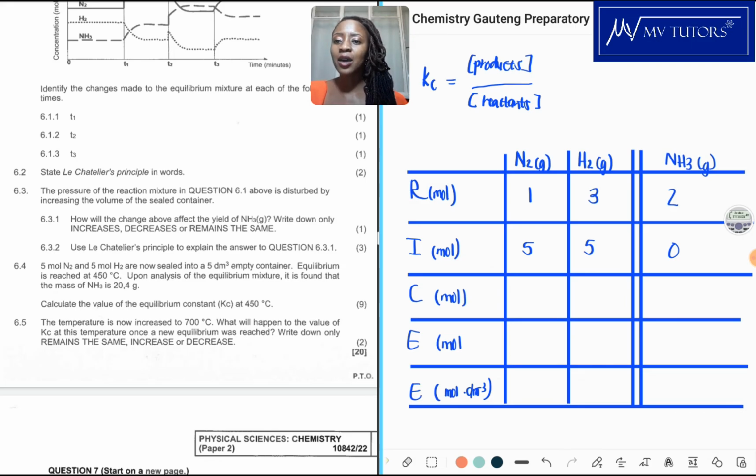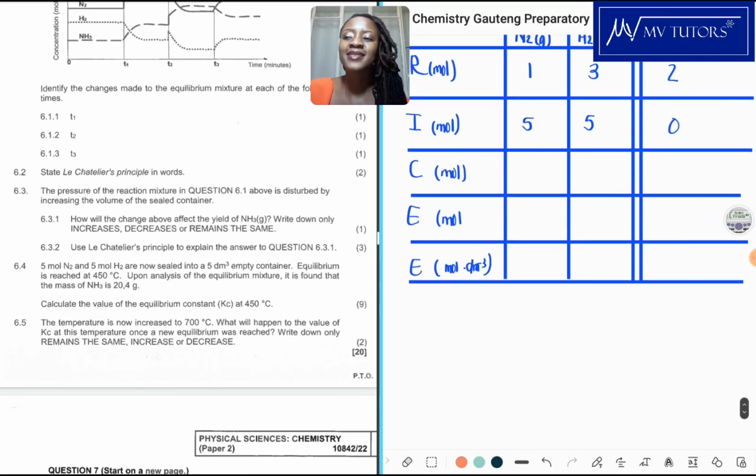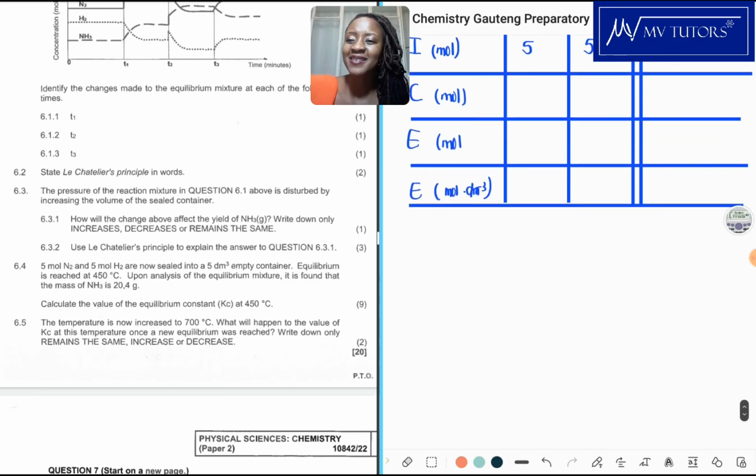Now before we get to the change, we need to calculate something here. They told us that equilibrium is reached at 450 degrees. Upon analysis of the equilibrium mixture, it is found that the mass of ammonia is 20.4 grams. So we need to change that to the number of moles. The number of moles for ammonia, NH3, is equal to the mass over the molar mass. The mass is 20.4.